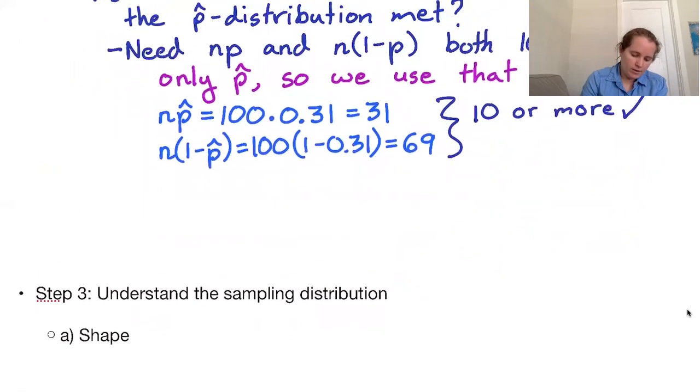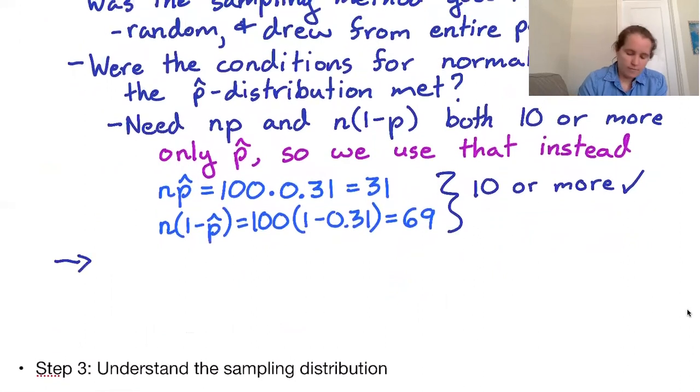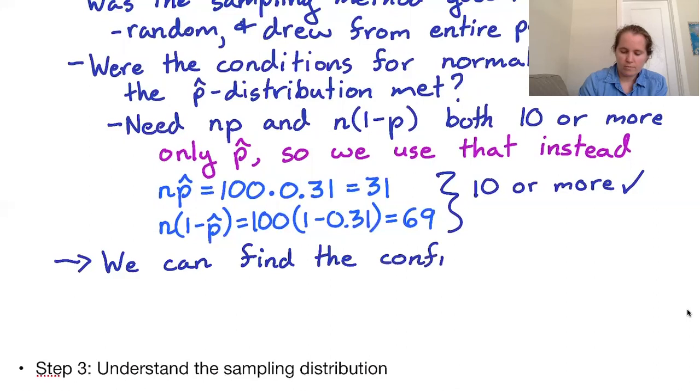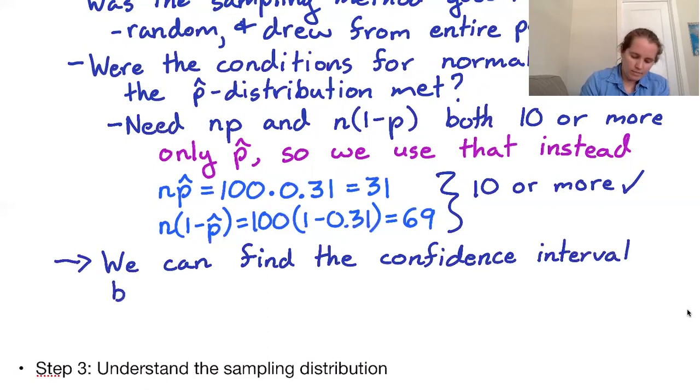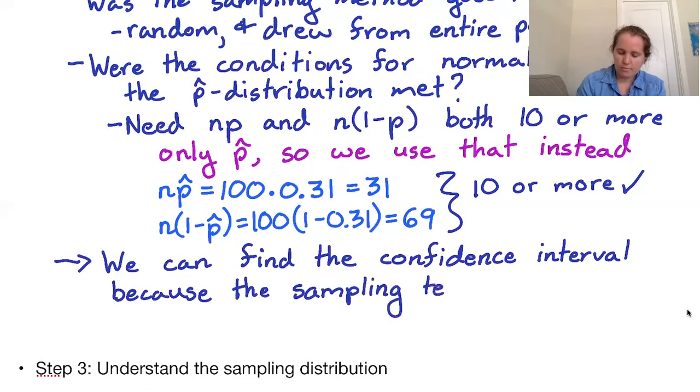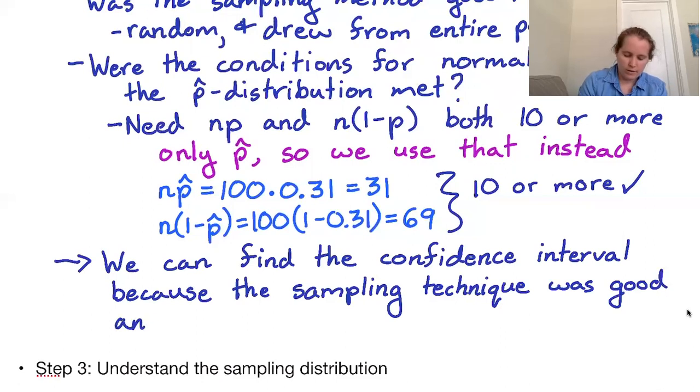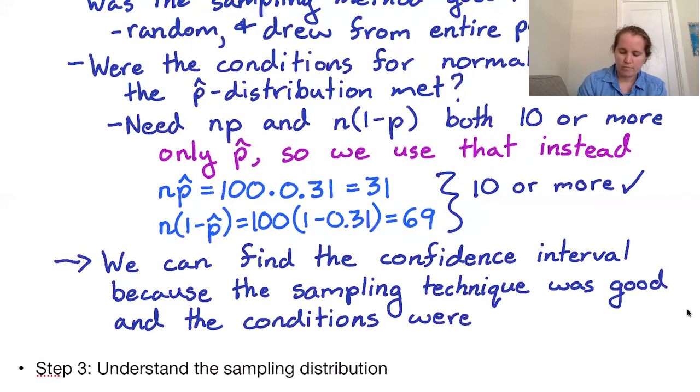So our sentence would be: we can find the confidence interval because the sampling technique was good and the conditions were met for normality of the p-hat distribution.